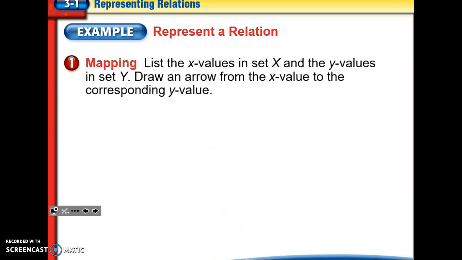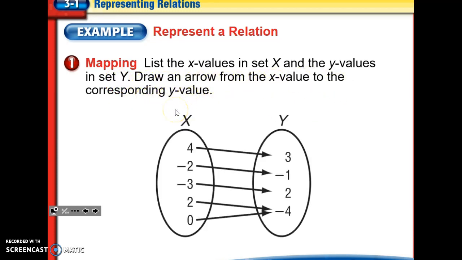The last way we represent a relation is through mapping. So here we're going to list all the x values in set x and the y values in set y. Then you draw an arrow from the x value to the corresponding y value. So our list of ordered pairs, our first one was 4, 3.